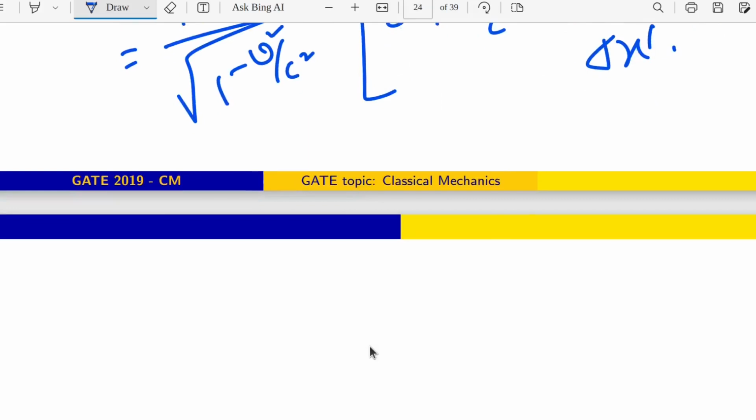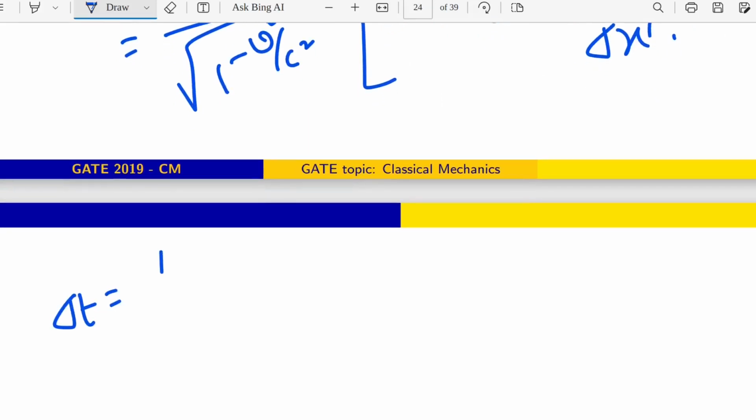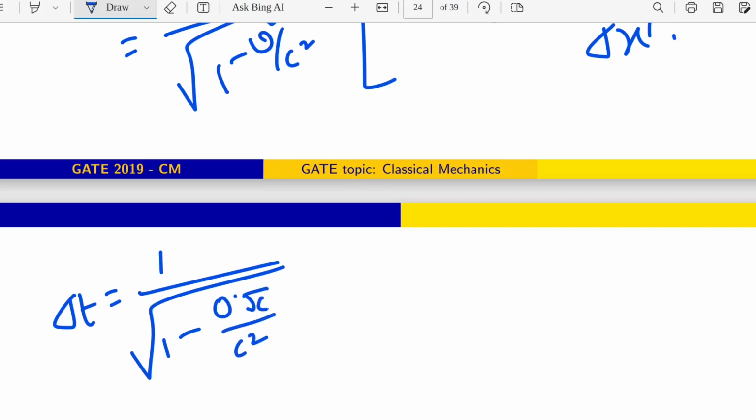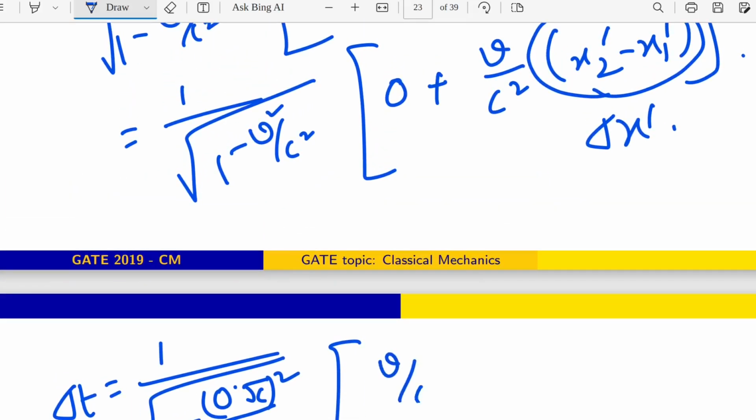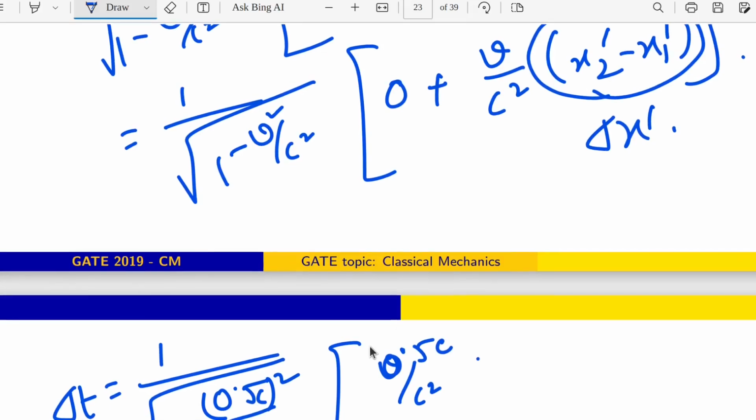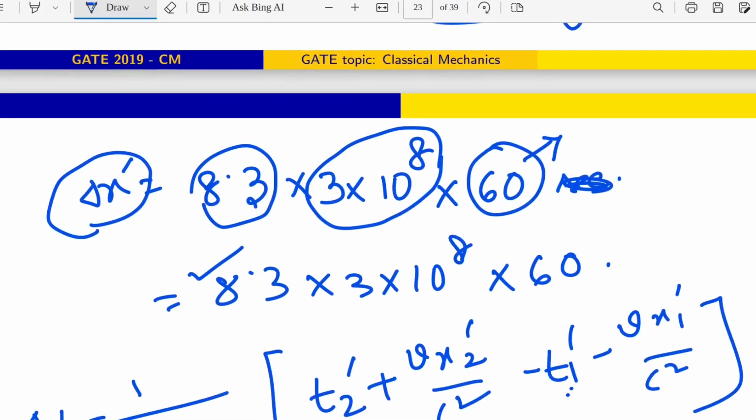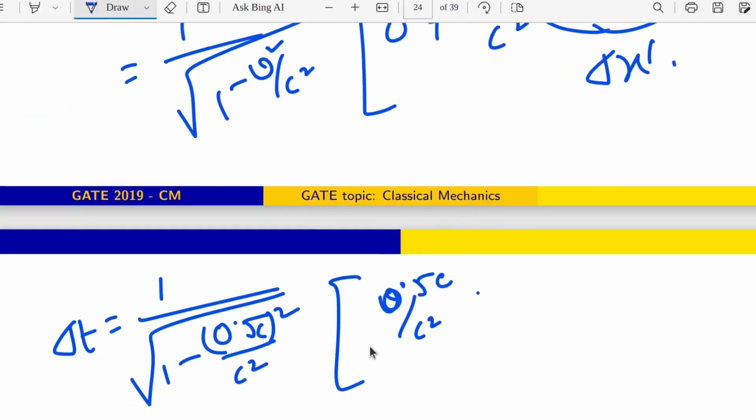Now we just put the values here: 1 minus 0.5 c by c whole square, and then v by c square, where v was 0.5 c, and then x2 prime minus x1 prime, which is delta x prime. So delta x prime is 8.3 into 60 into c.